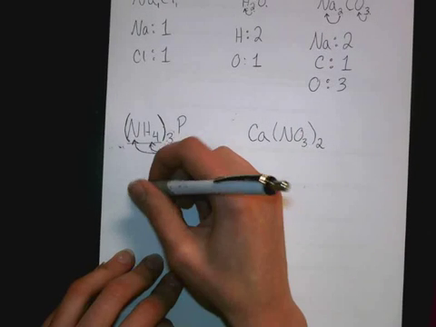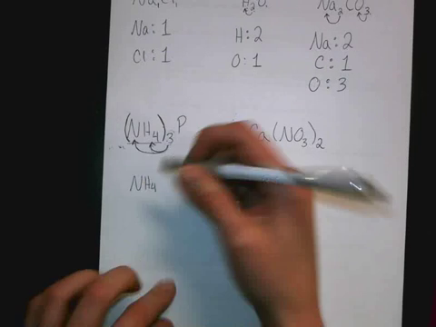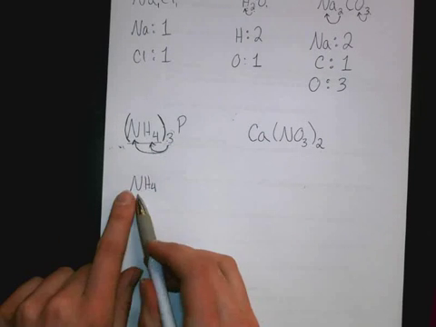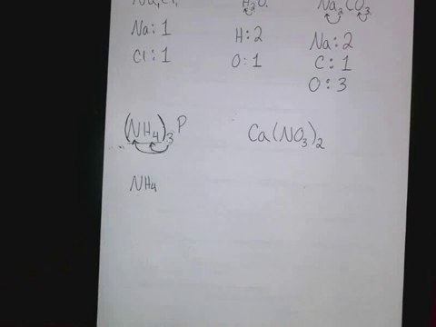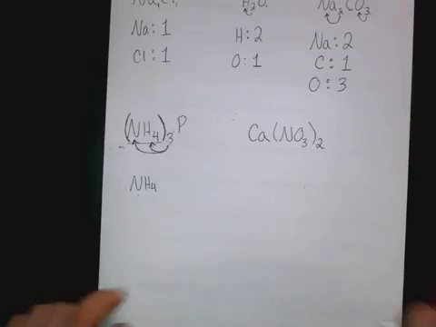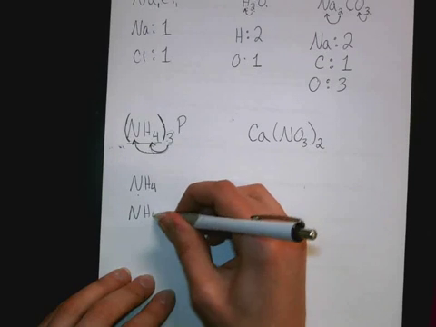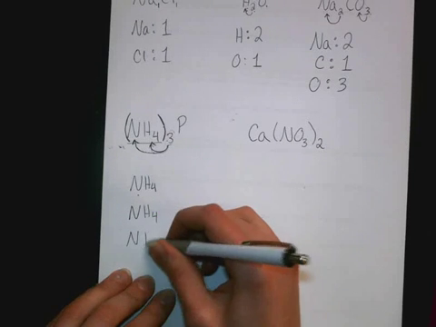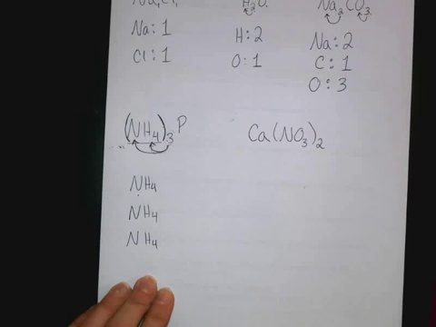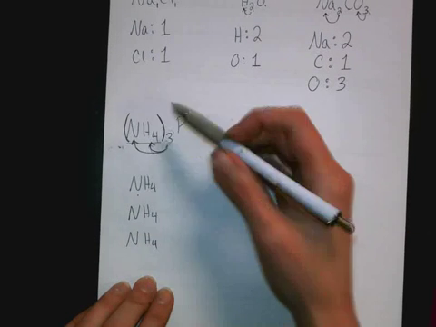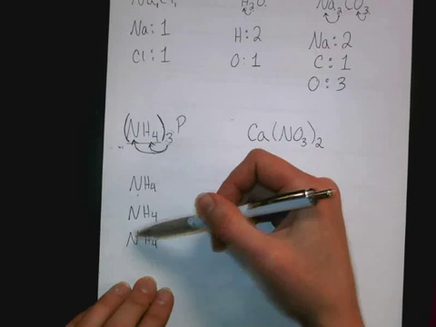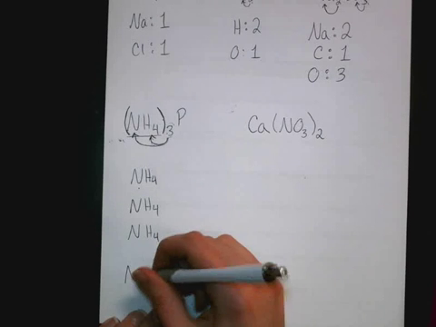It would be like saying, okay, I have NH4, that's a clump of it, 1 nitrogen, 4 hydrogens. And I have 3 of those clumps of NH4. So that might be 1 NH4, here is a second NH4, here is a third NH4. In that case, I'd have 1, 2, 3 nitrogens.